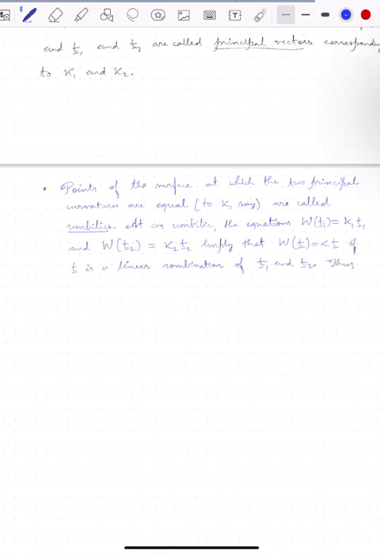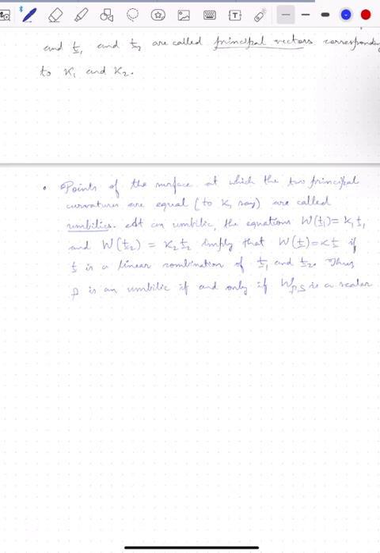So thus P is an umbilic if and only if the Weingarten map at P on the surface S is a scalar multiple of the identity map, and every tangent vector is a principal vector, pointing in a principal direction.